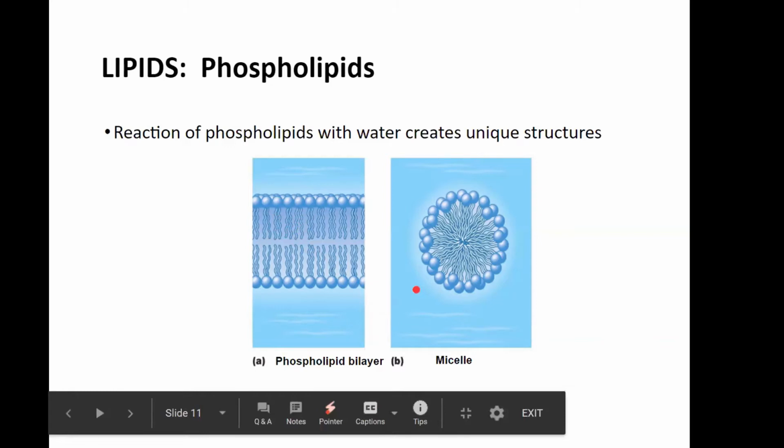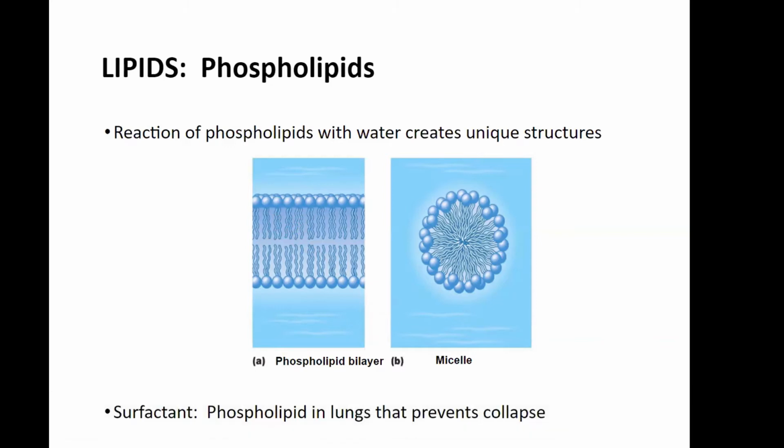So we have a phosphate-based head, our hydrophilic head, on one side. Then we have our hydrophobic tails pointing towards the middle of this bilayer, and they line up with another phospholipid end to end. So we have hydrophobic tails touching other hydrophobic tails.